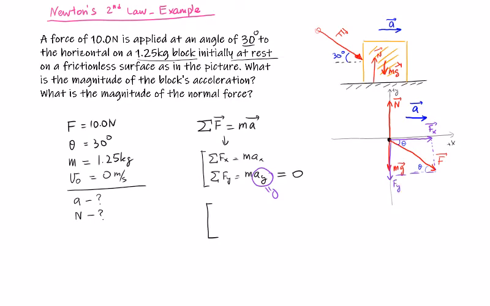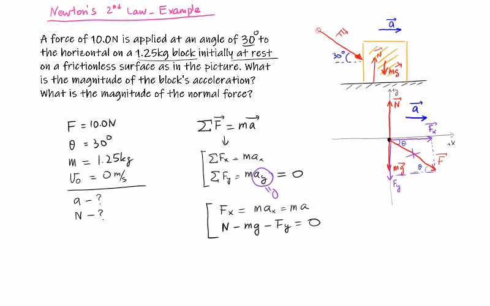Once I resolve F into components, I don't need this anymore. Now I can write my forces on the x-axis. On the x-axis, I have only one force, Fx, that equals max. For the y component, we have the normal force, mg, and Fy. The normal force is positive, mg is negative, and Fy is negative, equals 0.